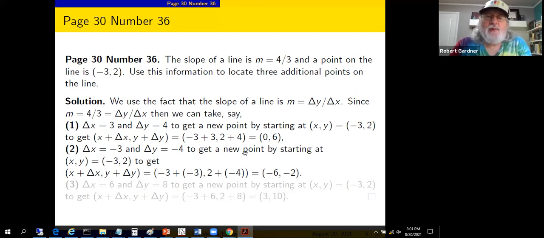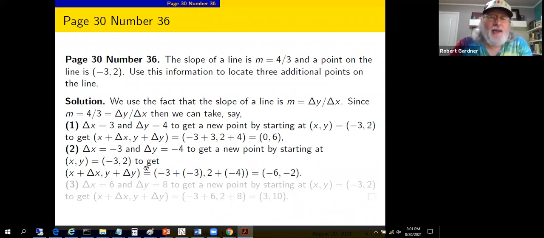In this case, we get the new point by starting at -3, 2, like we did before, and adding the change in x and change in y. -3, 2, so there's the old coordinates of the given point. We've changed x by -3, there's the -3. We've changed y by -4, there's the delta y, the -4. Simplifying, -3 minus 3 is -6, 2 minus 4 is -2, and there's another point on the line.